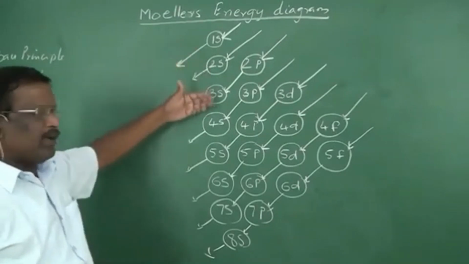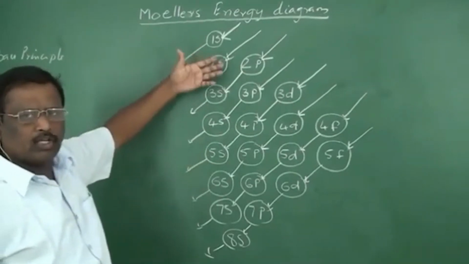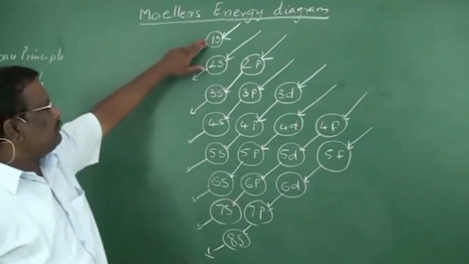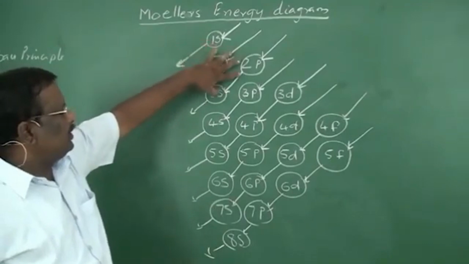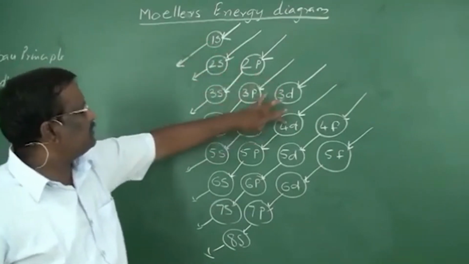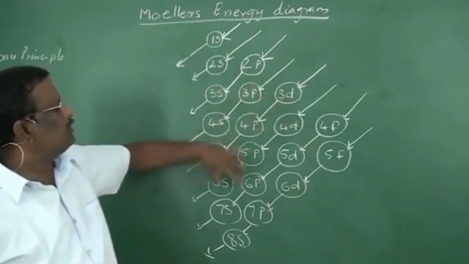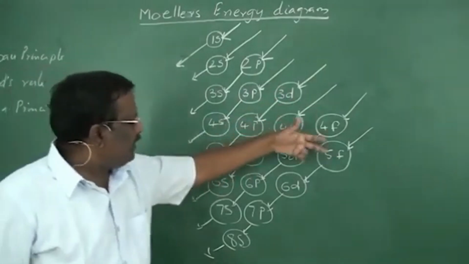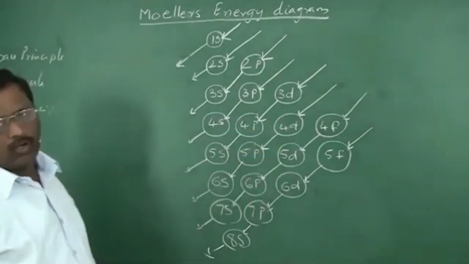You can verify these with their n plus l values also. You will get the same order: 1s, then 2s, 2p, 3s, 3p, 4s, 3d, 4p, 5s, 4d, 5p, 6s, 4f, 5d, 6p, 7s, 5f, 6d, 7p, and so on.